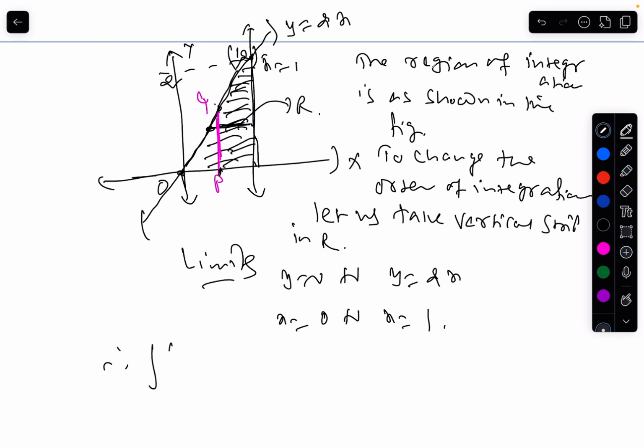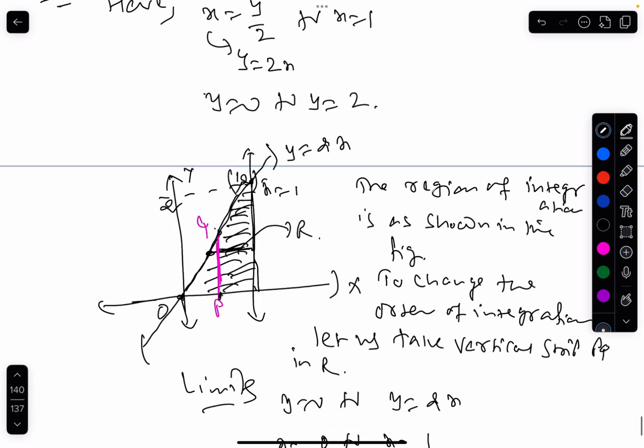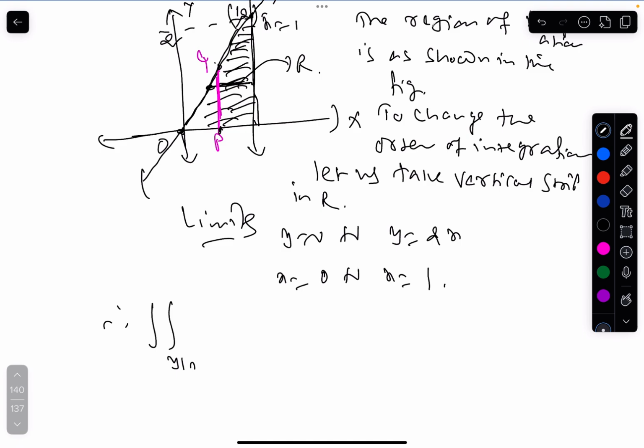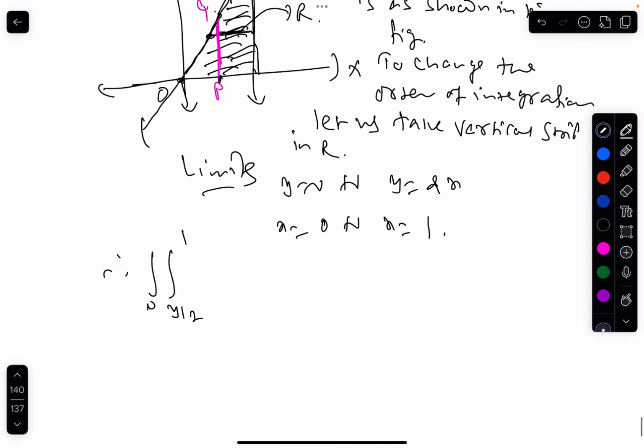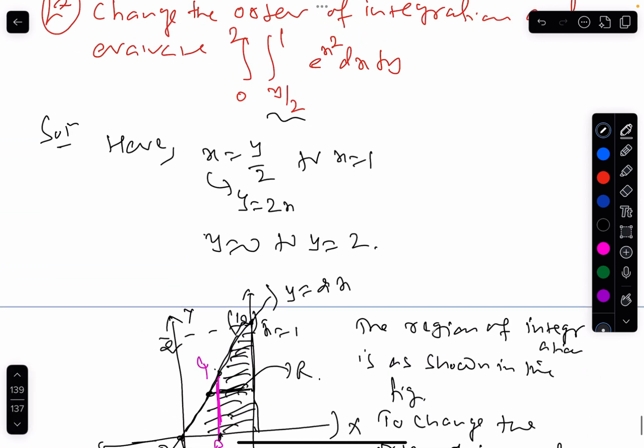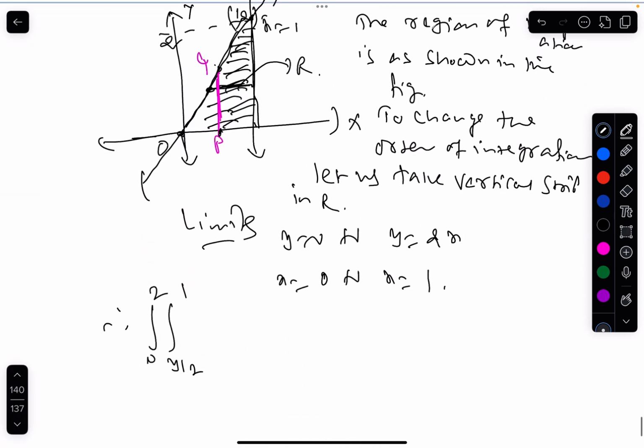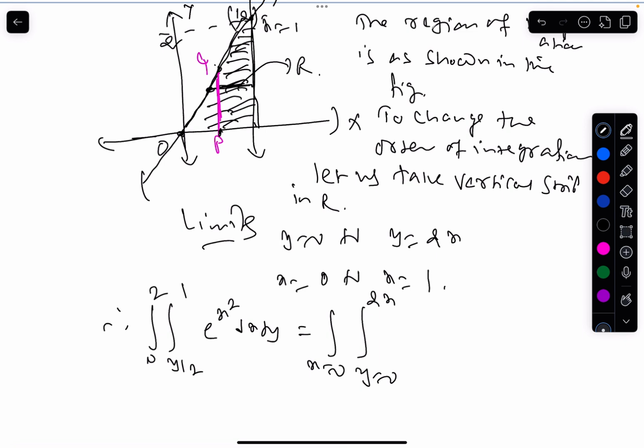So therefore, double integration y by 2 to 1, 0 to 2, e power x square dx dy is equal to y equal to 0 to 2x, x equal to 0 to 1, e power x square dy dx.